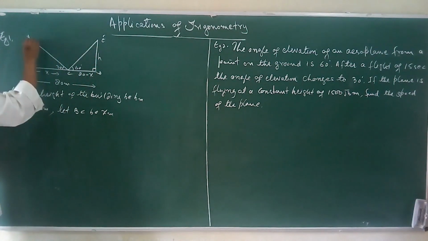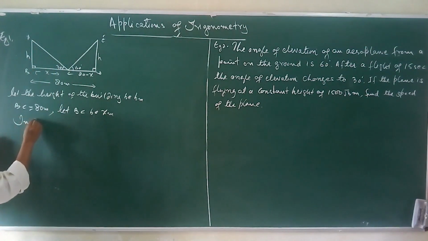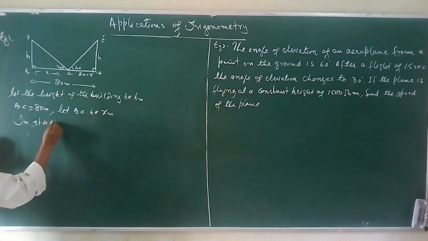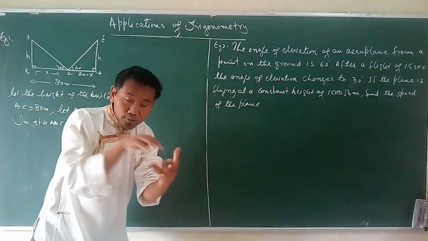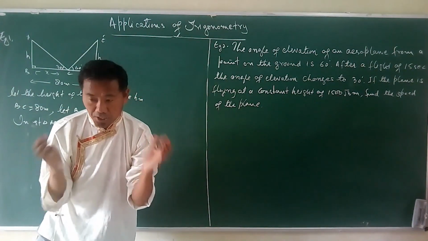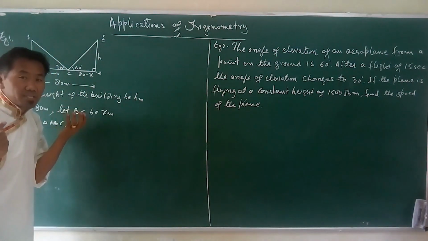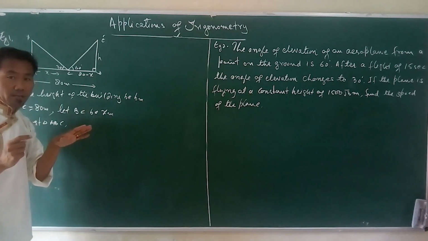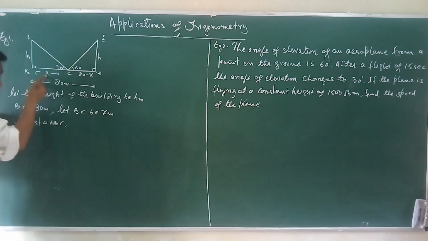Take the right triangle ABC and the right triangle CDE.